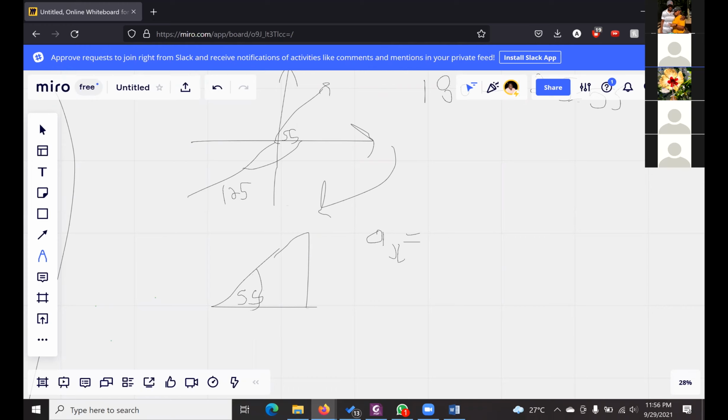So is it going to be cos inverse or no? I'm not sure.